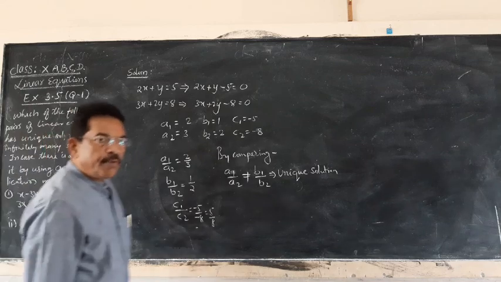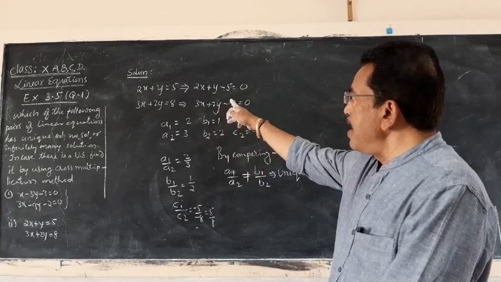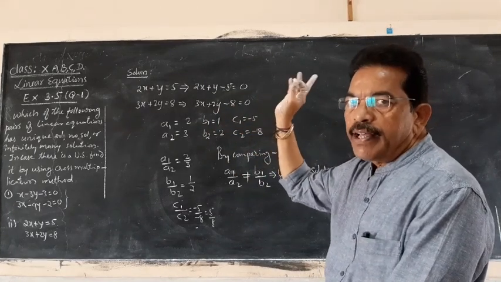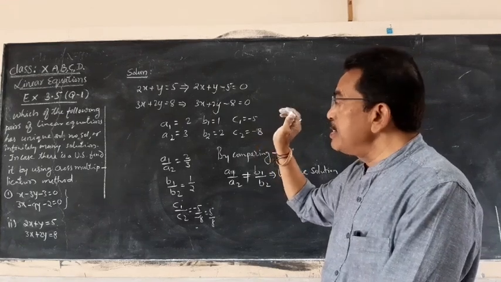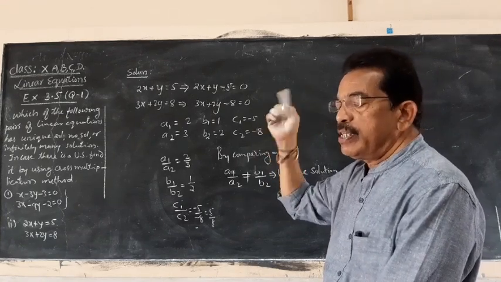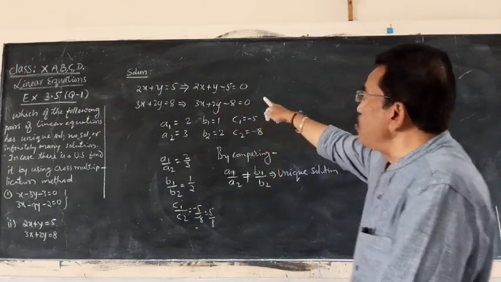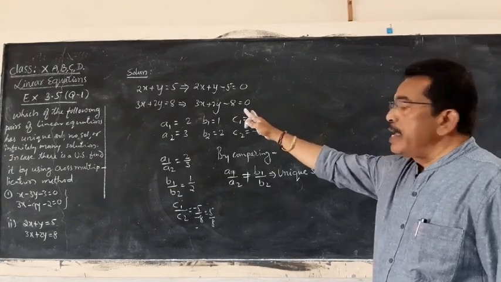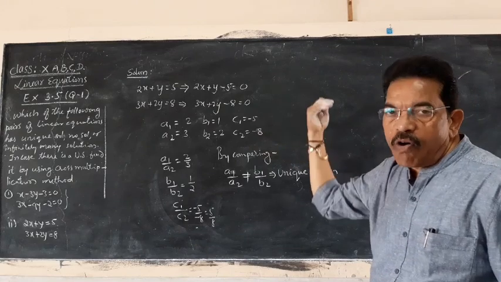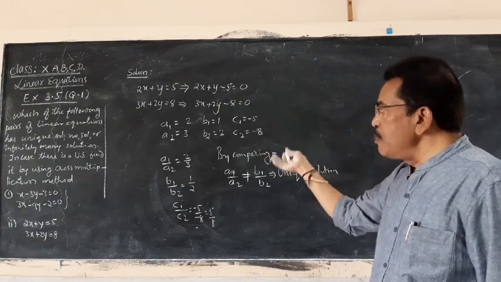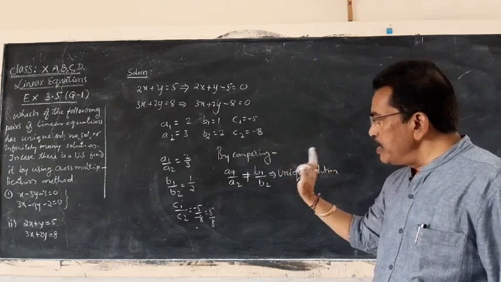Say once again. 2x plus y equals 5 is not in the general format, that is a1x plus b1y plus c1 equals 0, so it has to be converted. Then we find the coefficients of x and y as well as the constant term, and then the ratios a1 by a2, b1 by b2, c1 by c2.